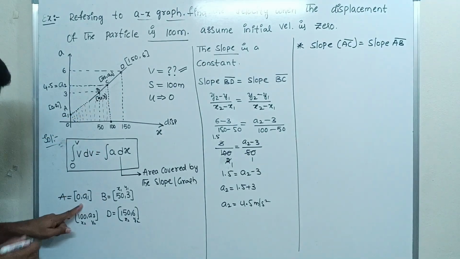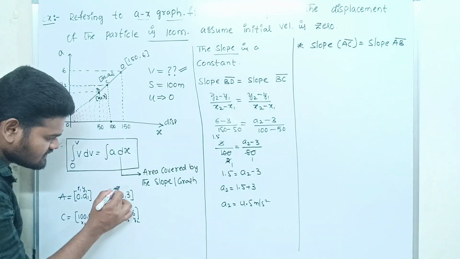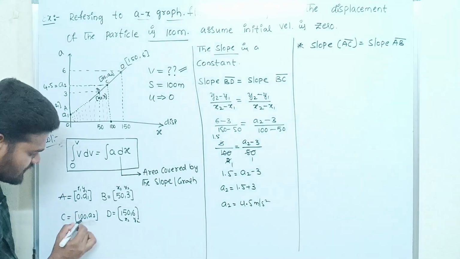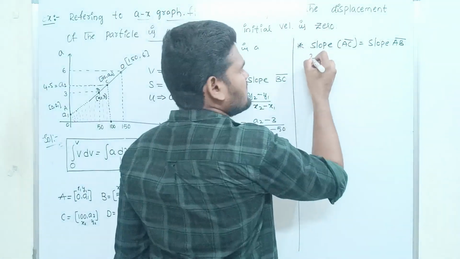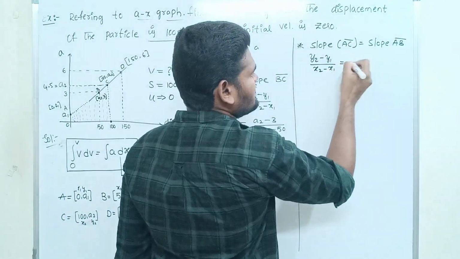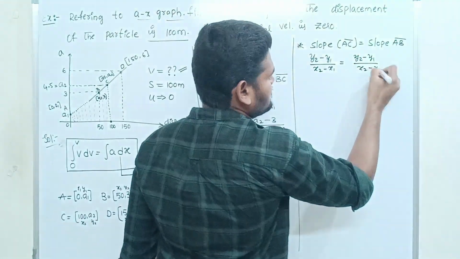So what are the points of A? X1, Y1. At this time, B becomes X2, Y2. So AC, A is the first point and C is the second point, X2, Y2. So the slope formula, what is that? Y2 minus Y1 by X2 minus X1, that is equal to, again, Y2 minus Y1 by X2 minus X1.